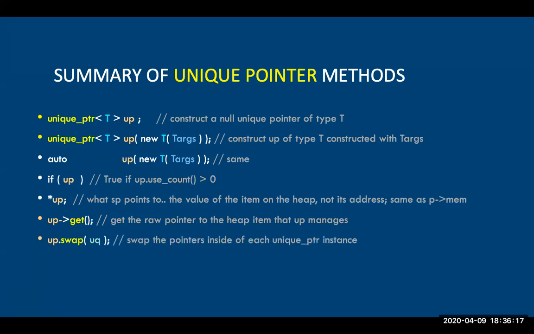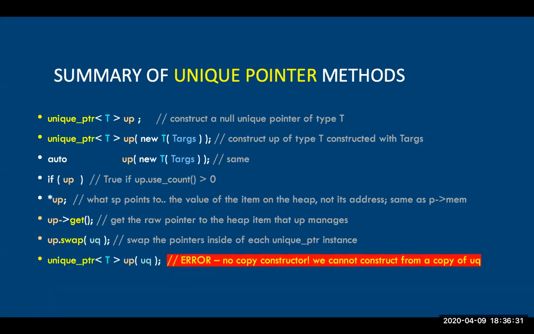Okay. You can also swap with some other unique pointer. That's a special operation that allows you to modify unique pointers. It's one of the very few ways you can do that. There's something called move that'll let you do that as well. But you can't actually pass in another unique pointer into the constructor for this newly created unique pointer.